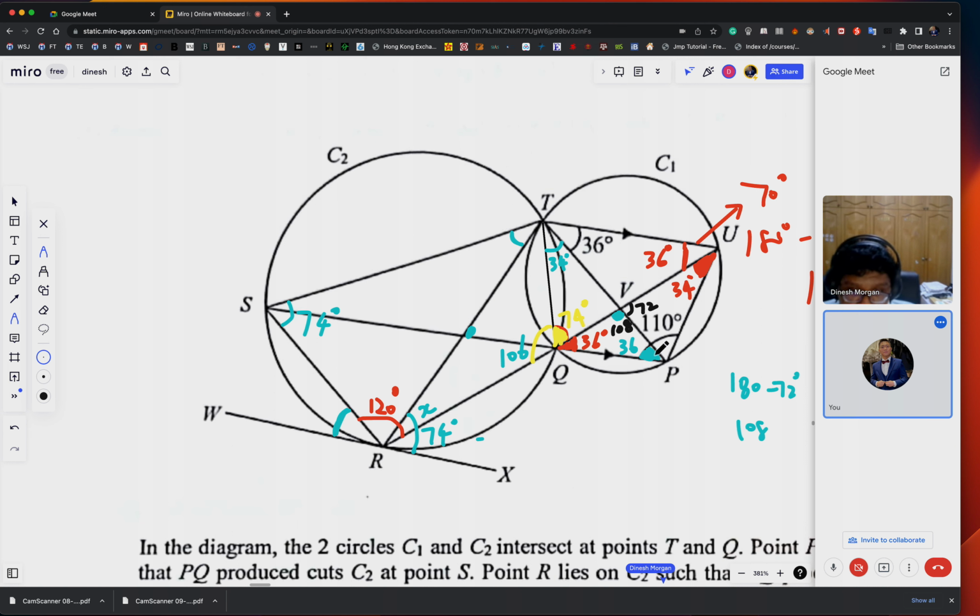Then this is 108, and this is 72. 72 plus 30.